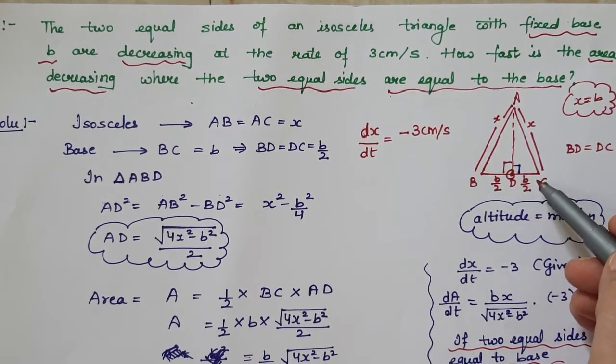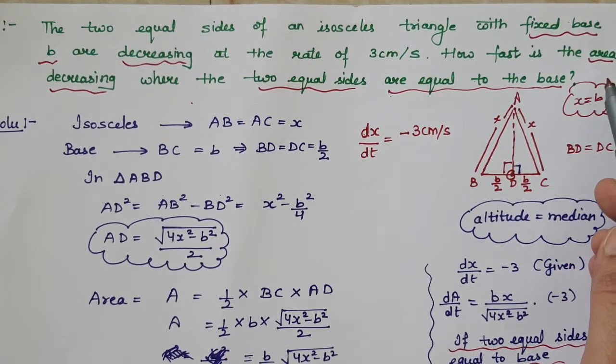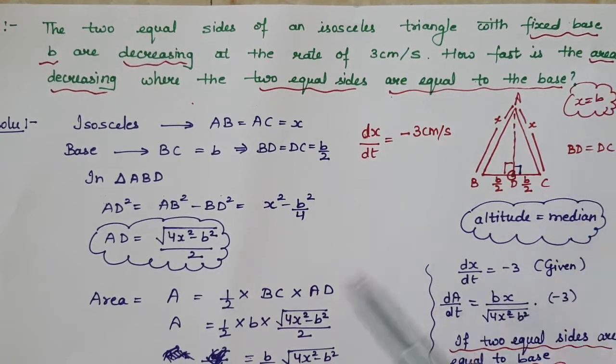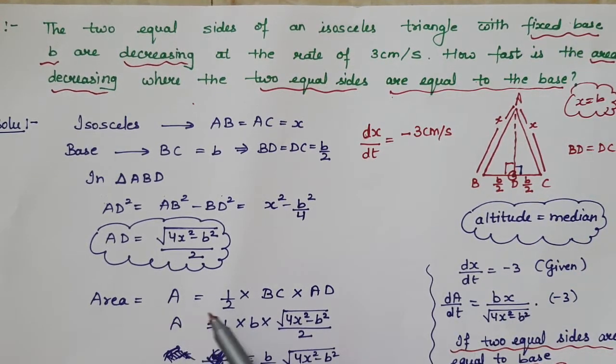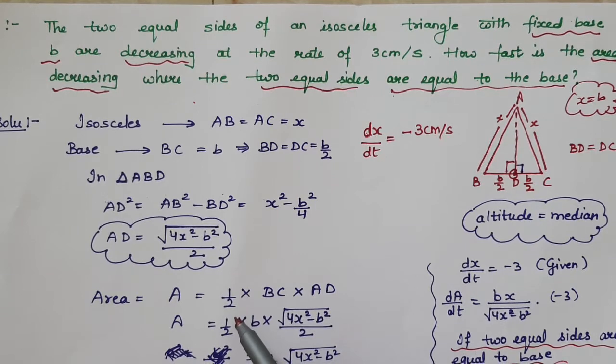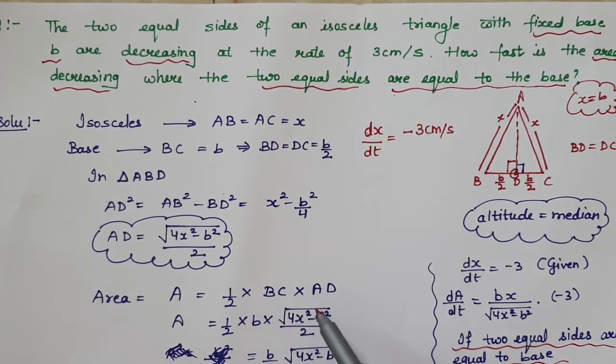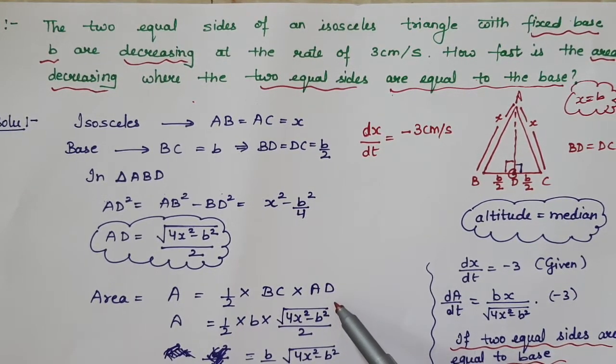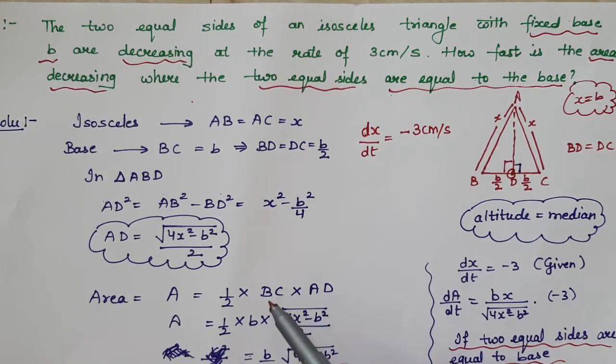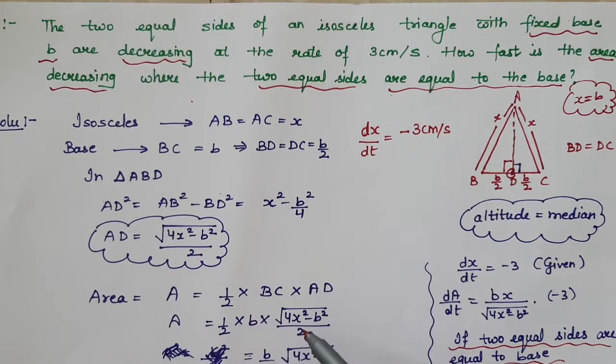Now since I have to find the rate of decrease in area, first I need the area of this triangle. As per the formula, area is equal to half base into height. Here base is BC and height I am taking as AD. So substitute all the values. BC is equal to b and AD I have already found.